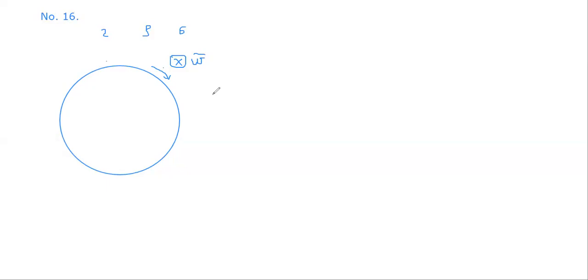The direction of vector omega is perpendicular to the screen, from us to the screen.